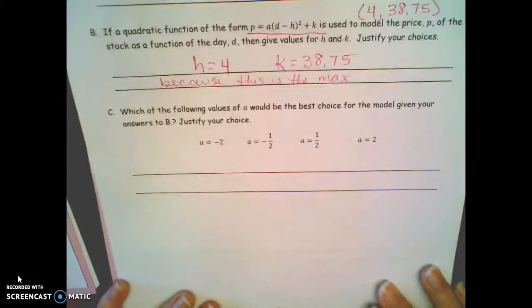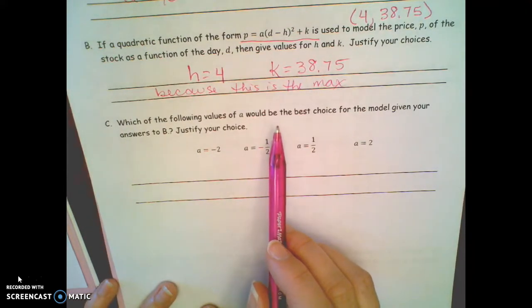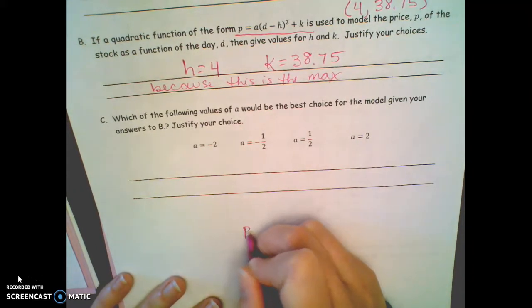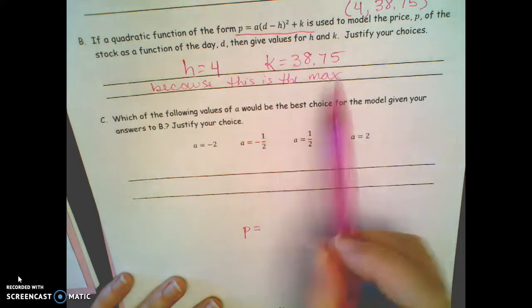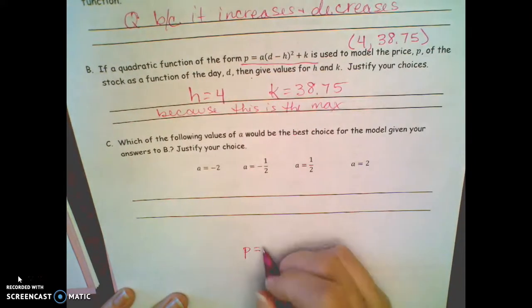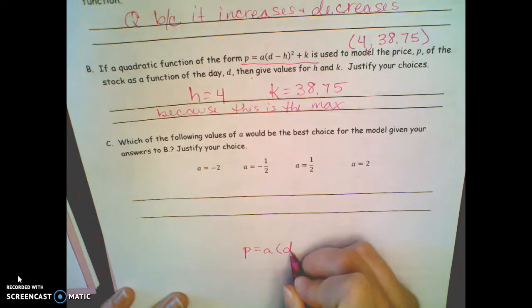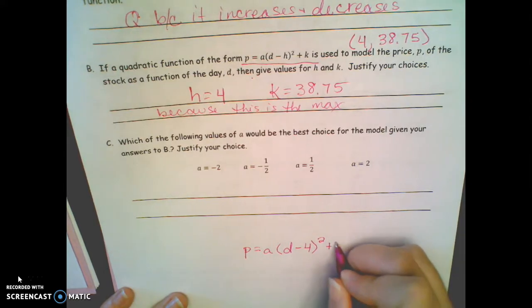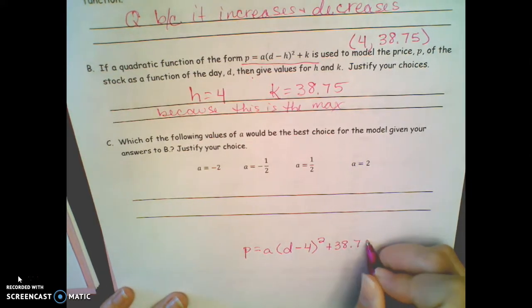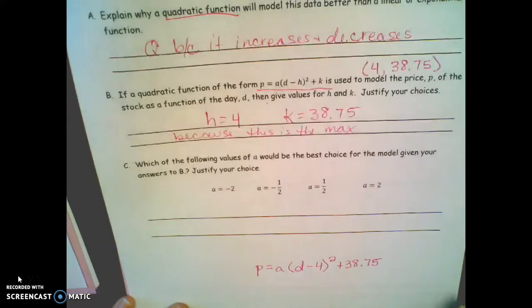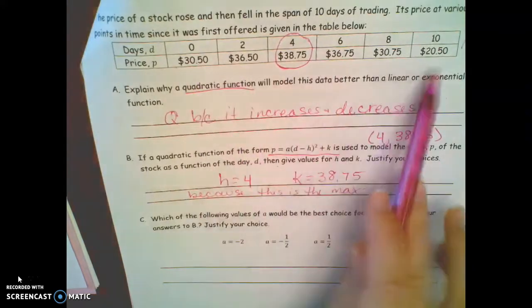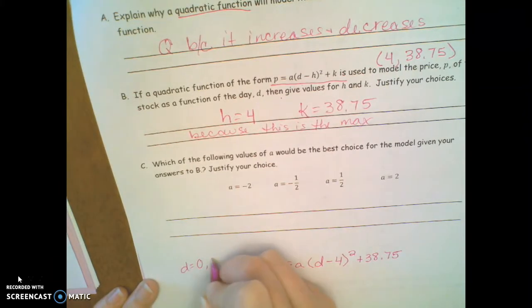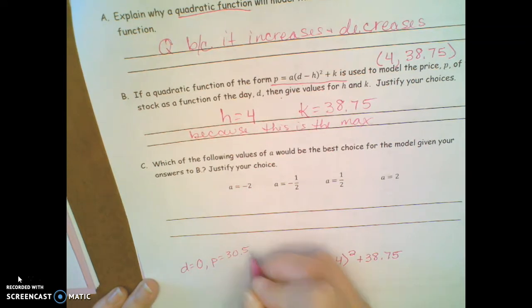Okay, so this one down here, this one was a little bit tougher for me at least. So what I did was I took my vertex form and I put in what I knew. So I know that H is 4 and I know that K is 38.75, and then I just took some values from up here and I plugged them into C. So for example, I did D equals 0 and P equals 30.5.